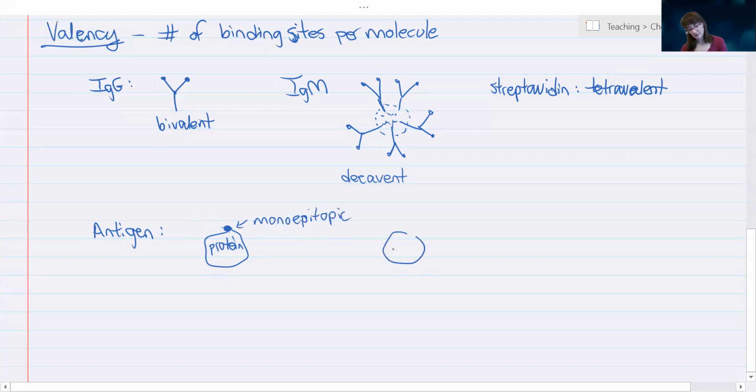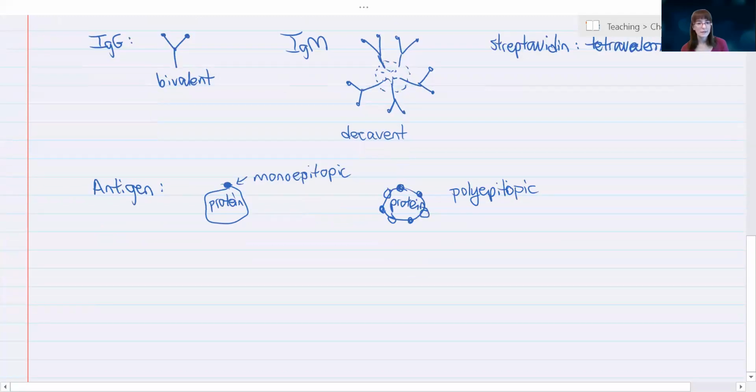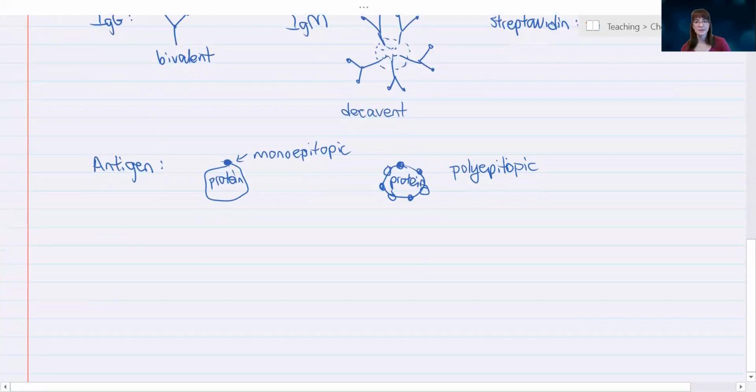Or we may have a protein that has multiple epitopes, either all the same type of epitope or even multiple different types of epitope, and this is quite common on big proteins, and so this would be polyepitopic. And we could even distinguish whether it's polyepitopic in the sense that it has only one type of epitope, or does it have more than one? Okay, and so both the antibodies and the antigens can be polyvalent.